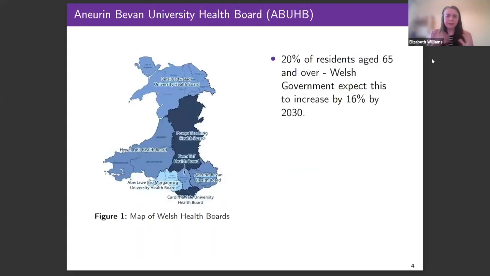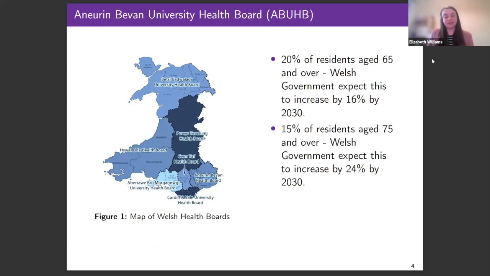So a bit about the health board itself. It's located in southeast Wales, and 20% of the residents are aged 65 and over. And the Welsh Government expects this to increase by 16% in the next 5 years. And as you can see, this is obviously a big issue.